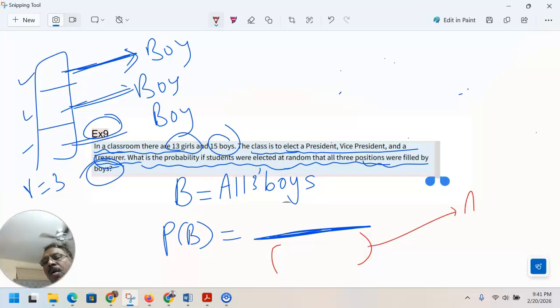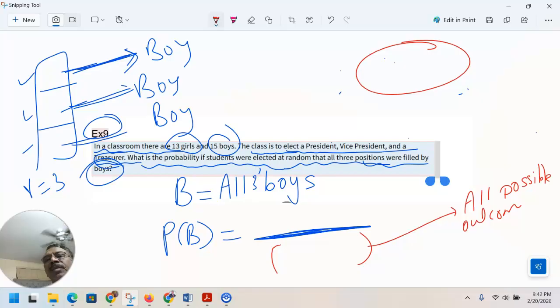This means all possible outcomes. So when you pick from, there are boys 15 and girls 13. If I want to pick three positions, 1, 2, and 3, this becomes a permutation. So the order matters here.